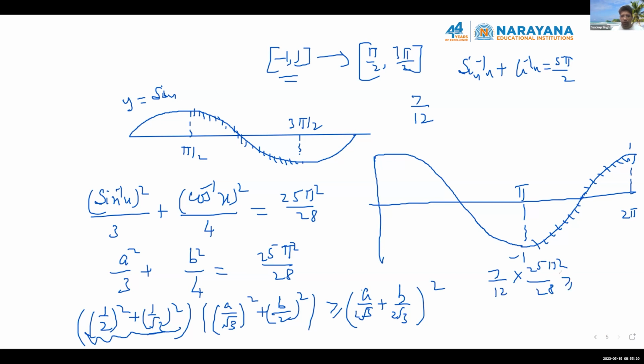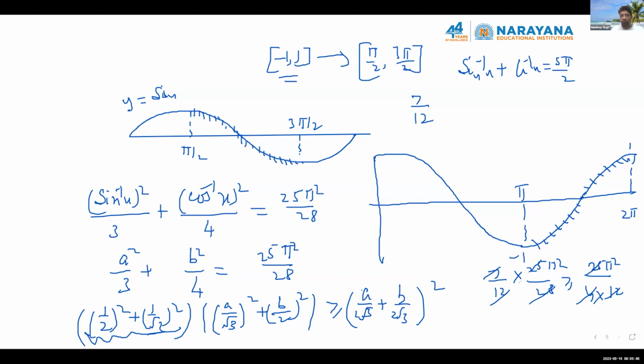This will be greater than or equal to (A plus B) whole square. Why is sin inverse plus cos inverse 5 pi by 2? Because they have extended the region 2 pi to the right side. So this will be A plus B, 5 pi by 2, giving 25 pi square by 4 and then 12. So 25 and 12 will get cancelled, and 7 and 4, 28 will also get cancelled.